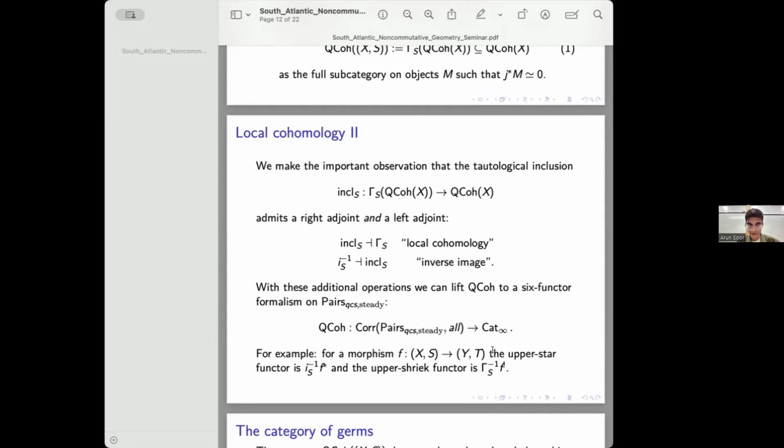So we obtain a six-functor formalism in this way, by setting QCoh(X, S) to be the sheaves with support along S. For example, if you have a morphism from (X, S) to (Y, T), the upper star pullback along this morphism is: first I do the usual upper star pullback, and then I do the inverse image along S. The upper shriek functor is: first I do the upper shriek pullback and then apply the local cohomology functor.